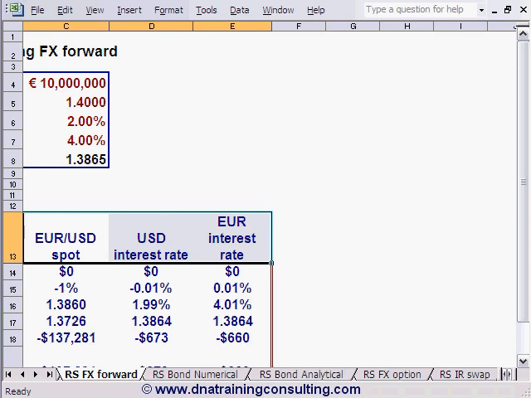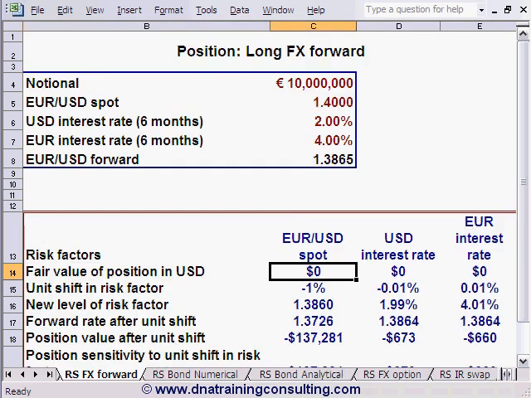The fair value of the position is once again 0, here at inception, since the bank has just executed the forward contract, presumably at the market rate.